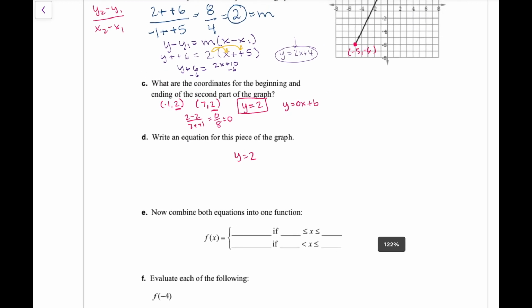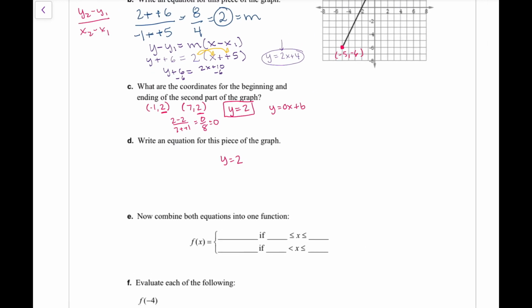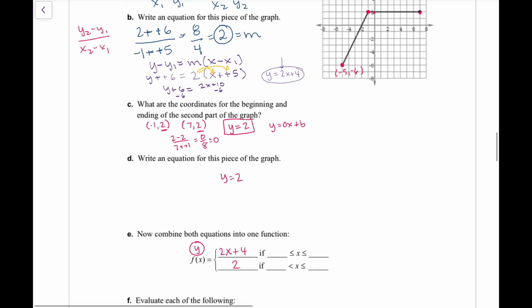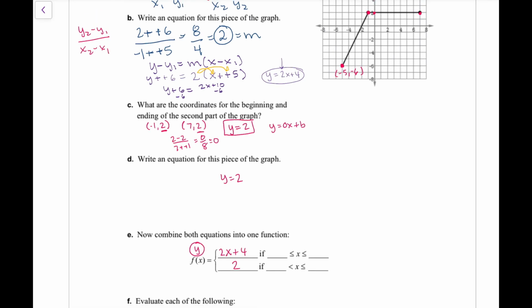Now let's look at this and combine these equations. The first equation is f of x, just another way of saying y: y equals 2x plus 4. And our second equation is y equals 2. Now we want to see what the x is in between.